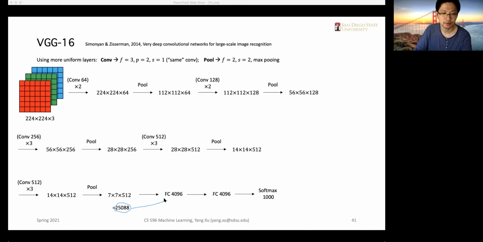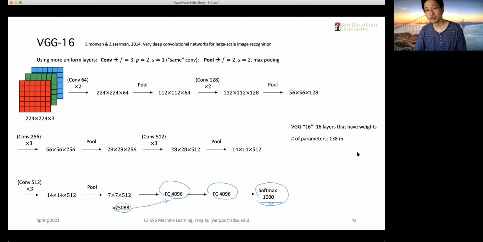They flatten to a fully connected layer, another fully connected layer, and a softmax with 1,000 labels. So that's a huge amount of computation in those fully connected layers.